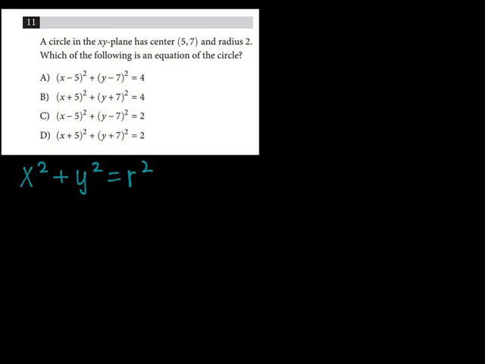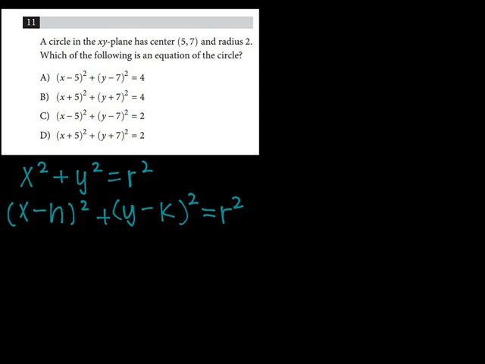However, when a circle is moved x units from the left or right, or y units up and down, we use the formula x minus h whole squared plus y minus k whole squared equals radius squared, or r squared.